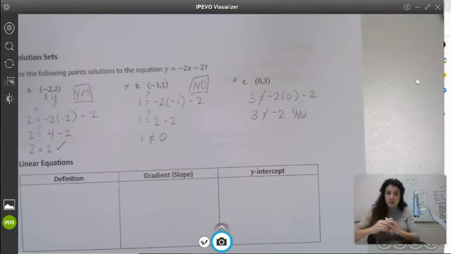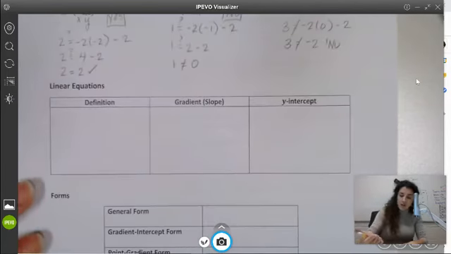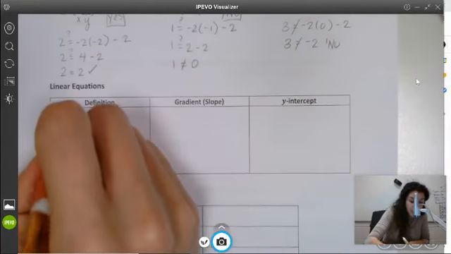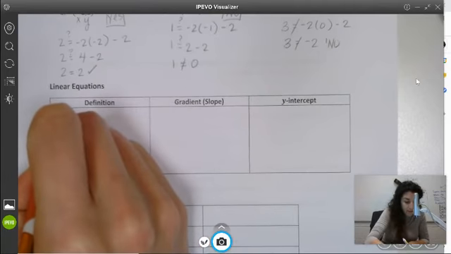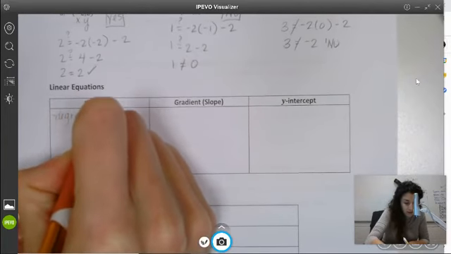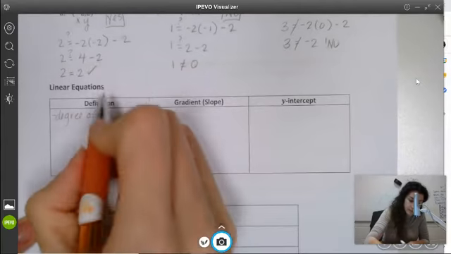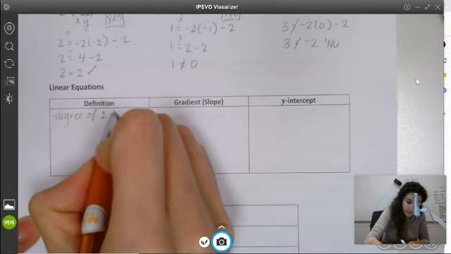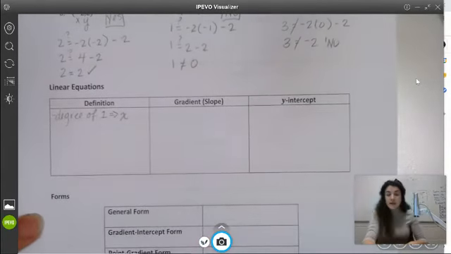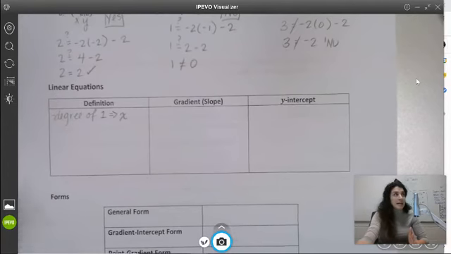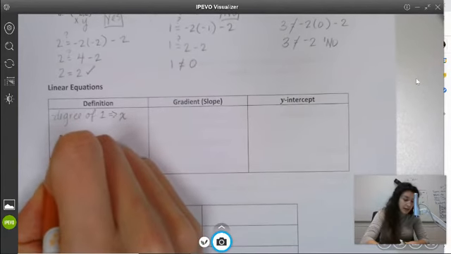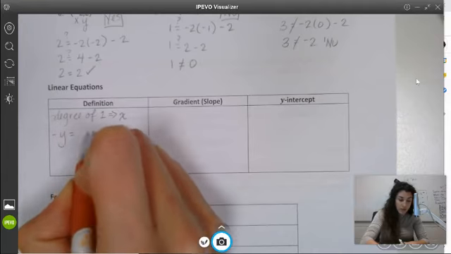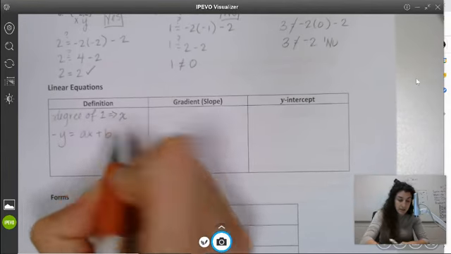Okay, linear equations. Let's talk about it real quick. A linear equation is an equation that has just x, so a degree of 1, which just looks like x. You can see it as mx plus b, ax plus b, or something like that. But a lot of times, in this case, your textbook calls it y equals ax plus b.